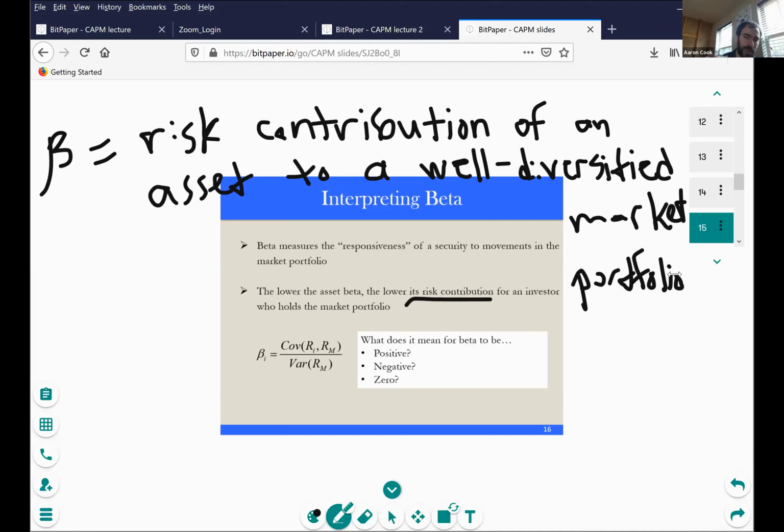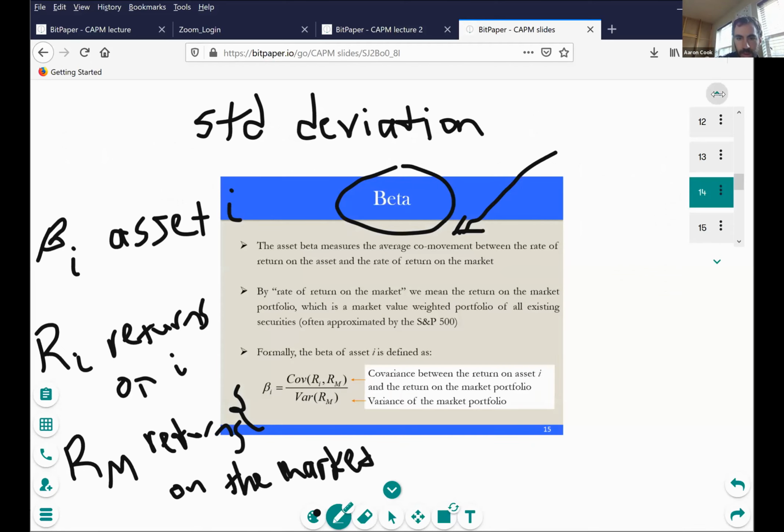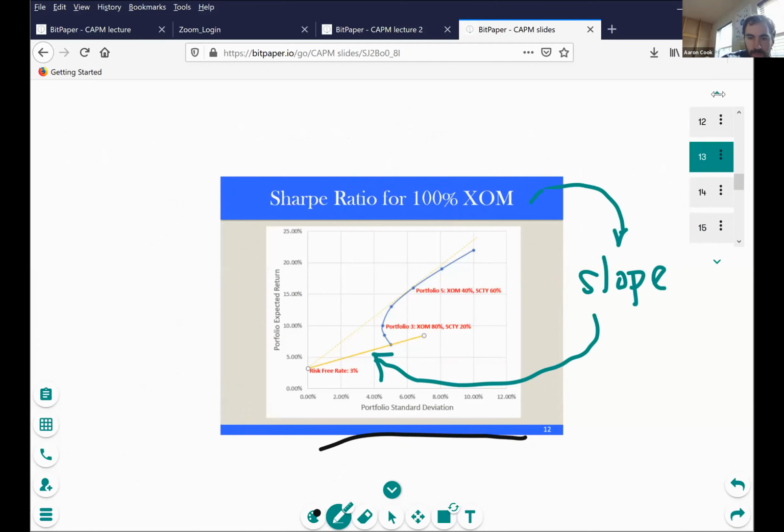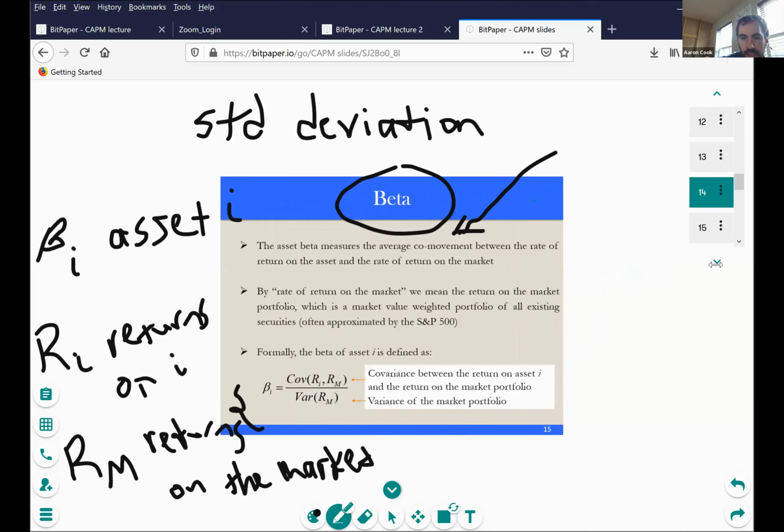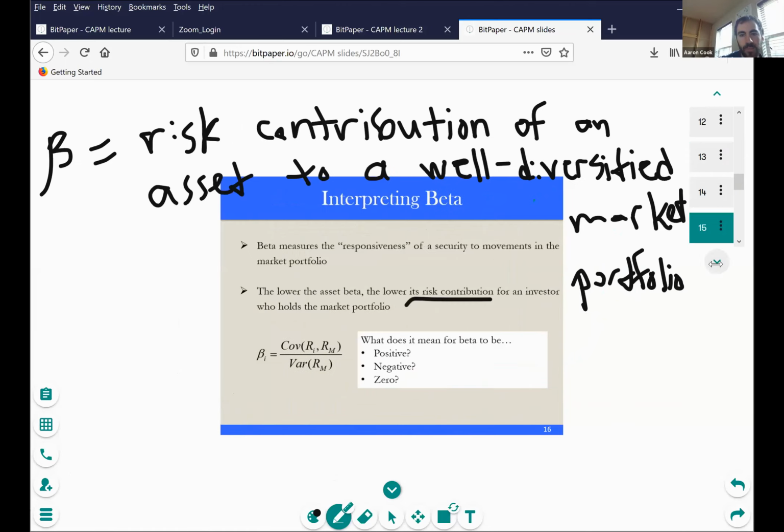Whereas we were looking at standard deviation on the x-axis in the past, coming up in a second we're going to be plotting beta on the x-axis rather than standard deviation, to represent the fact that we're assuming investors are rationally trying to hold a nice portfolio of assets representative of the market as a whole, and then considering, for any particular asset, whether it will increase or decrease the risk of that portfolio.